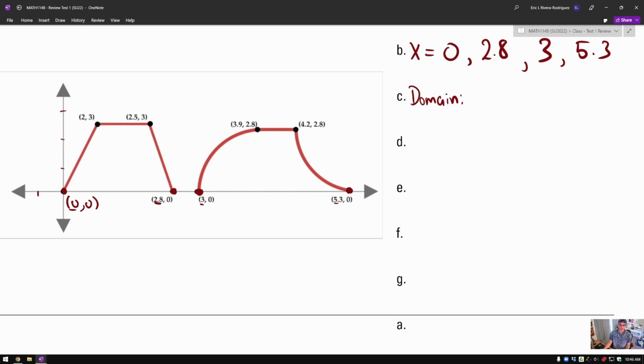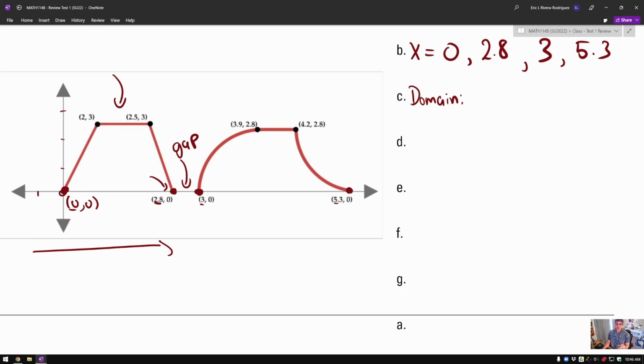If we read the graph from left to right, we find a gap here. What is the meaning of that gap in terms of the domain? So let's first identify the location of this first portion of the graph, which goes from x equals 0, which is here, until x equals 2.8.